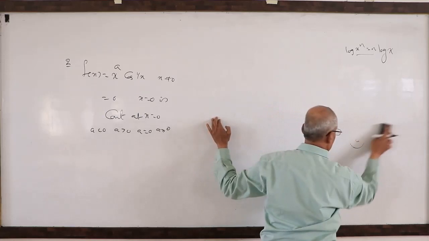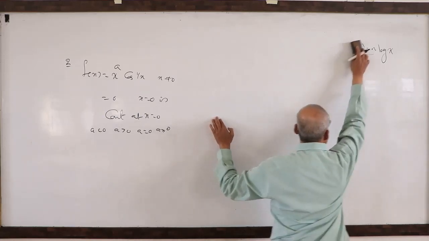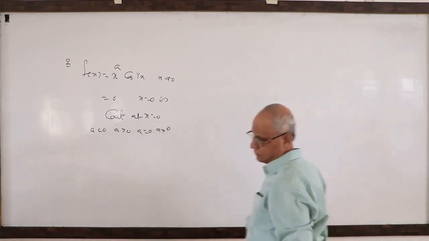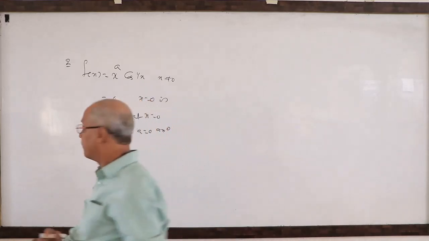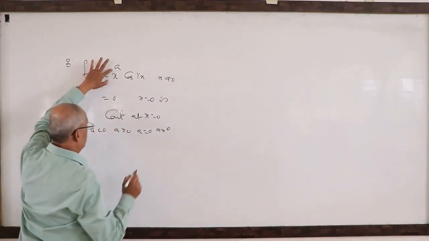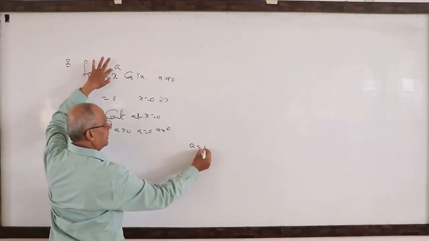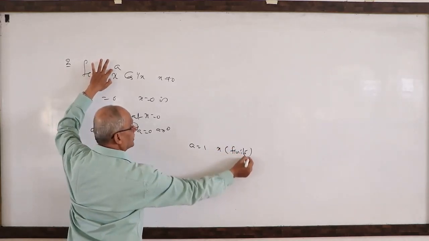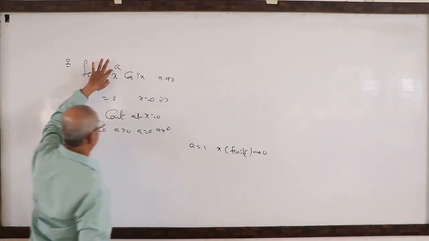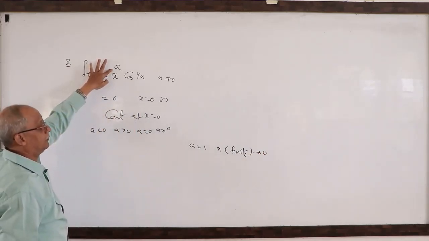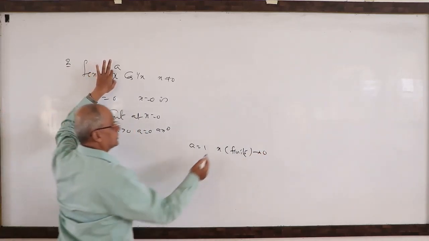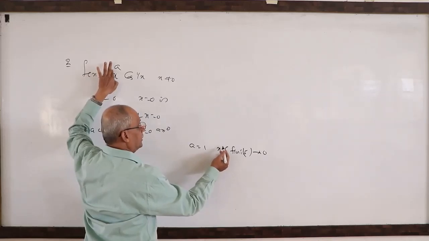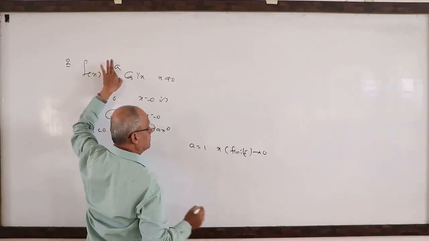Suppose the x value, the a value, if you consider an example, a is 1. If a is 1, x into finite number. As x tends to 0, this is 0. 1 means x square, x cube, any power it is 0.